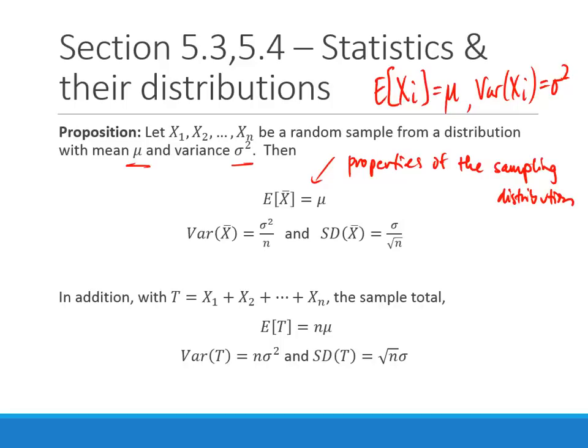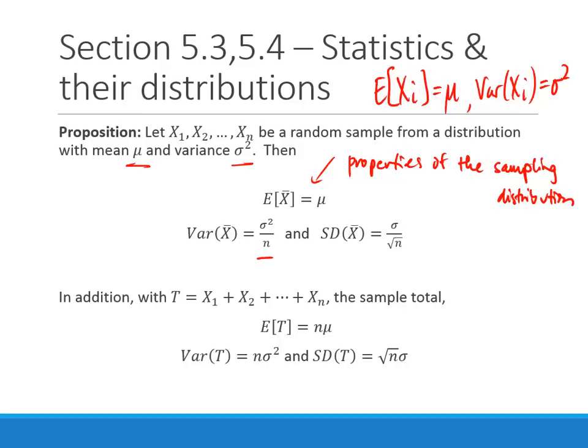So the mean of x bar is still mu, and the variance is going to be slightly different. It's going to be sigma squared divided by the sample size. So sigma squared over n is the new variance, and the standard deviation is the square root of that, sigma over the square root of n.